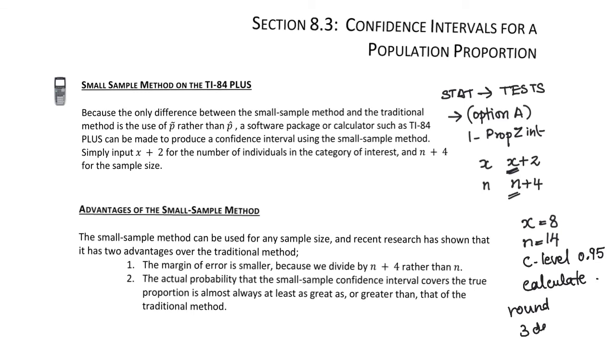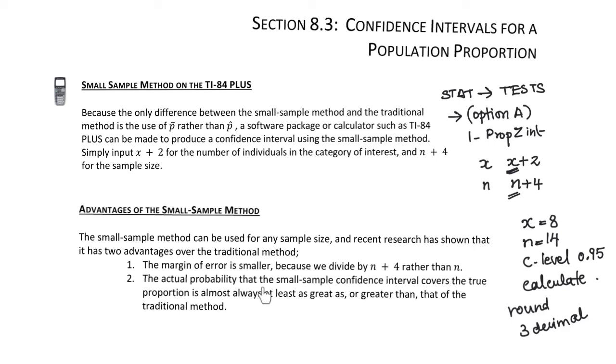There are some advantages of the small sample method. The small sample method can be used for any sample size, and recent research has shown that it has two advantages over the traditional method. First, the margin of error is smaller because we are dividing by n plus 4 rather than n.